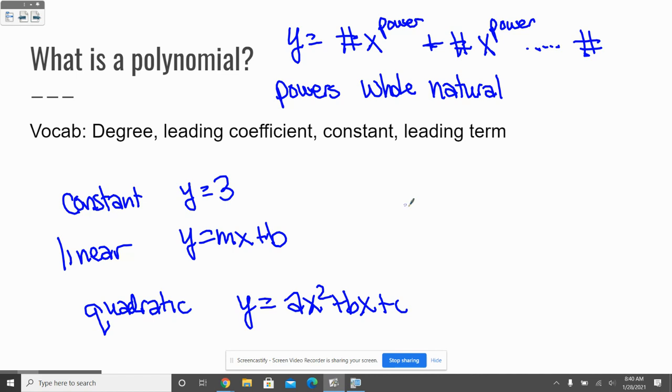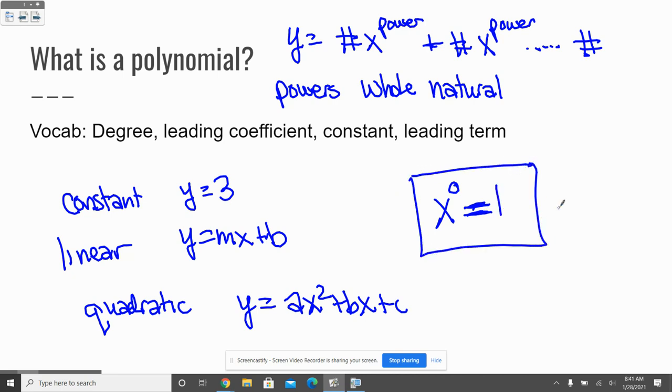That would be x to the 0, because any number to the 0 power is 1. Kids have a really hard time with that fact, and I'm going to talk about that again in a minute. So technically the power could be any whole number because 0 would count, but natural numbers are the ones that have more of the things we're talking about.